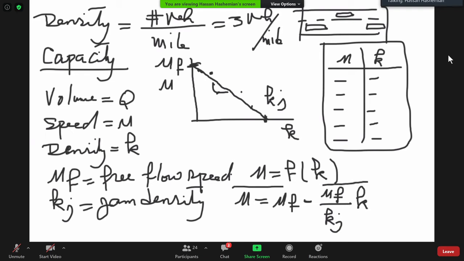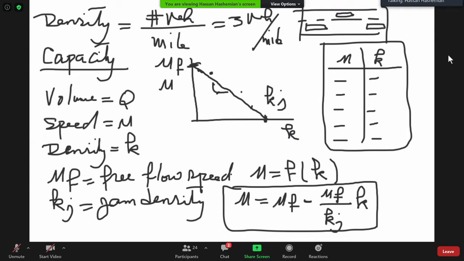So this is the equation of mu as a function of k. Any question on that? So if you know the k, you can figure out the mu, because the mu sub f and kj are constant. They are known.